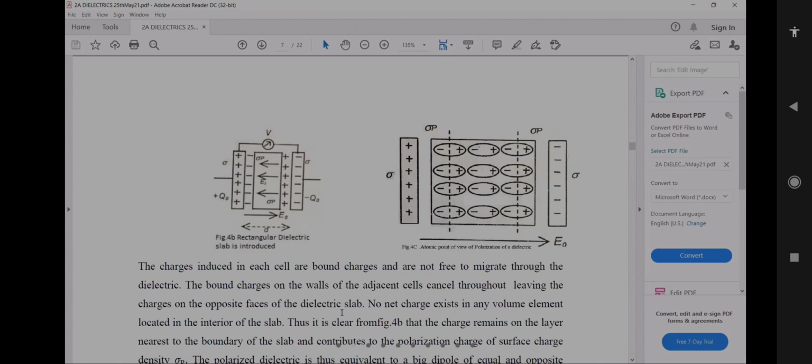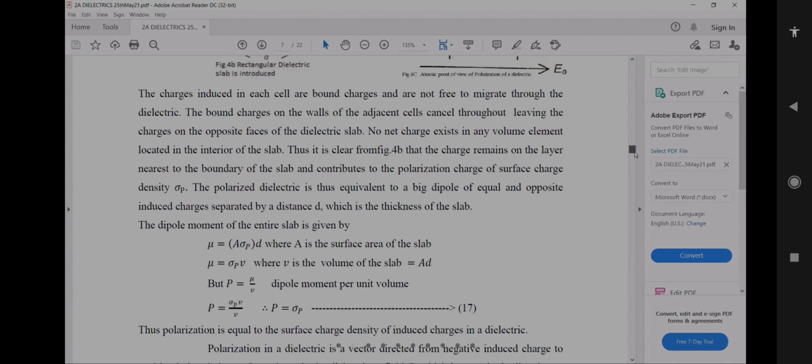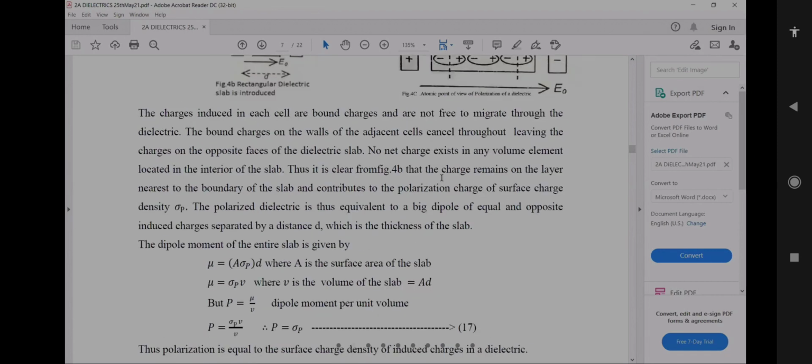Therefore, no net charge exists in any volume element in the interior of the slab. Thus, it is clear from figure 4b that the charge remains on the layer nearest to the boundary of the slab and contributes to the polarization charge of the surface charge density sigma p.